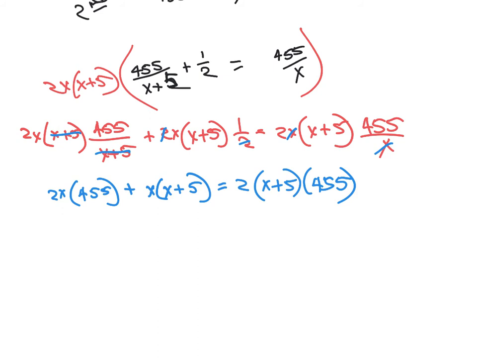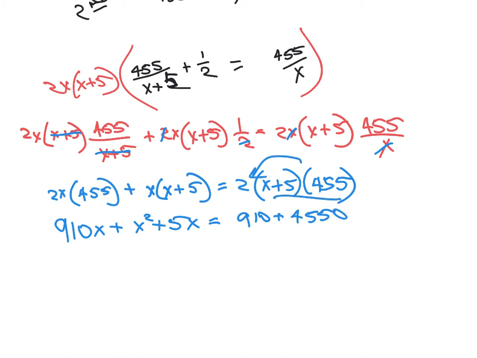So this ends up giving me some bigger numbers to work with, being 910x plus x squared plus 5x equals 910 plus 4,550. You do the FOIL method and then multiply that by 2.